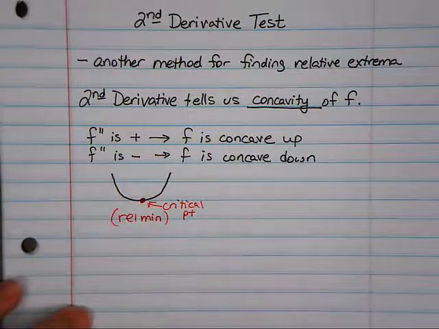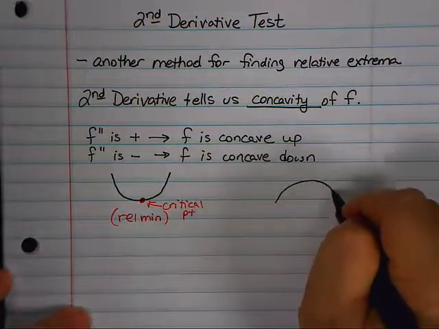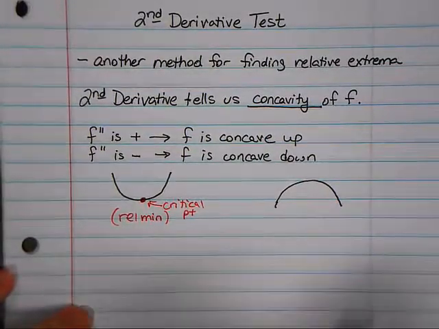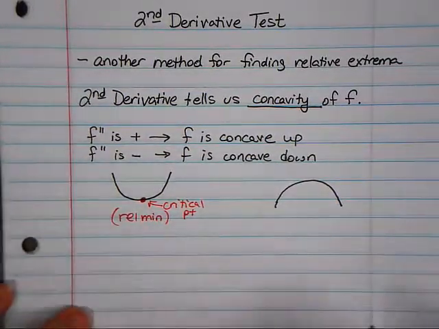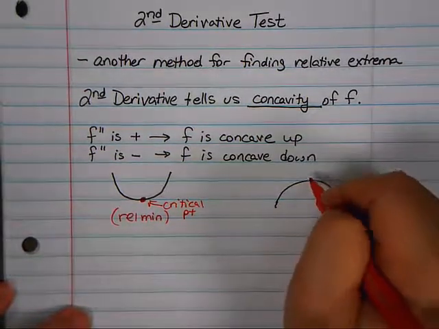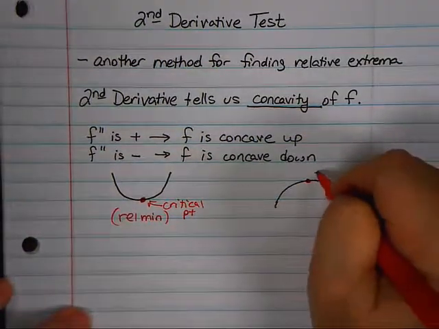Okay, now draw a piece of graph that's concave down for me. Where is the critical point on this graph? Where does the derivative equal 0? Up there, agreed? Isn't that where the critical point would be?